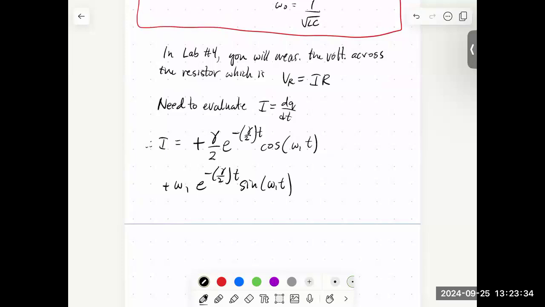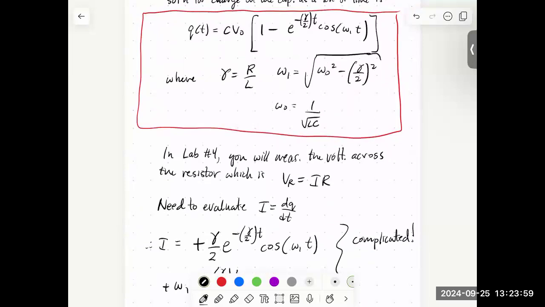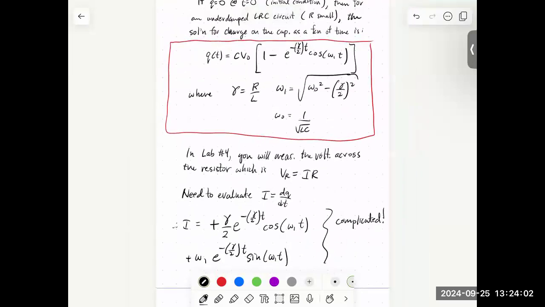Okay. And so you could see that this is pretty complicated. And we want to look for ways that we could simplify this. So if we restrict ourselves to very, very underdamped systems, then let's see what that would mean. We have two terms. One has a gamma in front of it, and one has an omega 1.